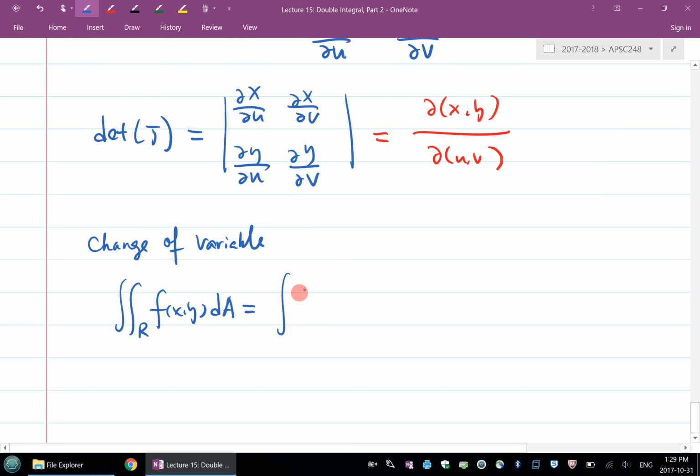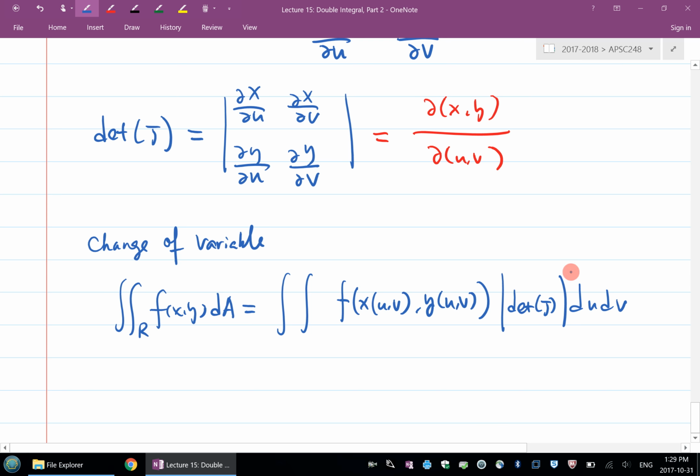And now for the new double integral, your x becomes x of u,v, y is replaced by y of u,v, then you have a du dv here, and this blank space is the absolute value of the determinant of that Jacobian matrix. Whatever determinant you calculated, put the absolute value over it, and that's it. So everything on this side is now in terms of u and v.